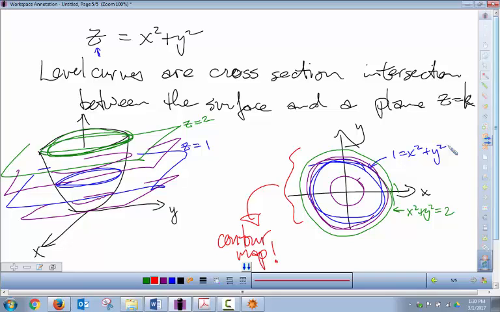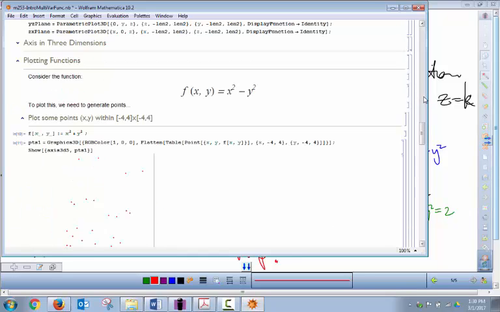Have you guys seen a contour map before? Yeah, so geography, height map, if you look at a map, yeah, contours. I think I have one.